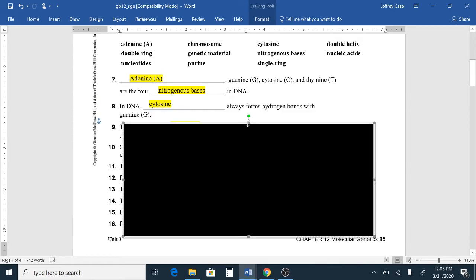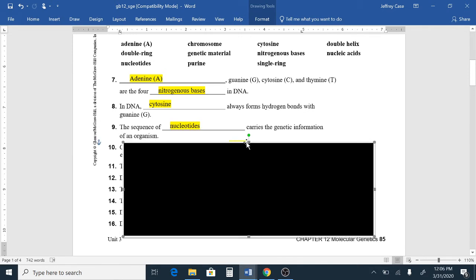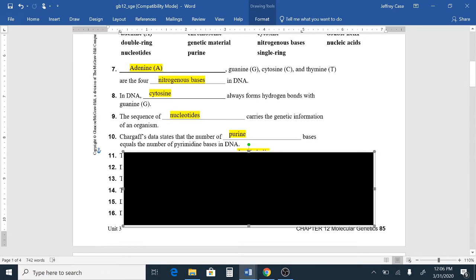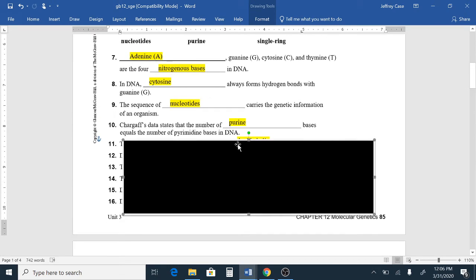Number 8, in DNA, cytosine always forms hydrogen bonds with guanine, C and G, G and C. Number 9, the sequence of nucleotides carries the genetic information of an organism. Number 10, Chargaff's data states that the number of purine bases equals the number of pyrimidine bases.